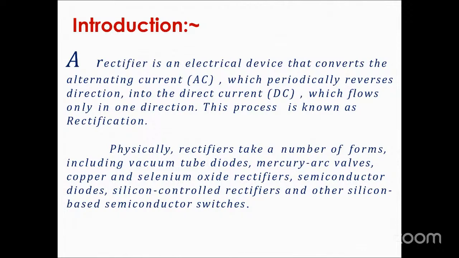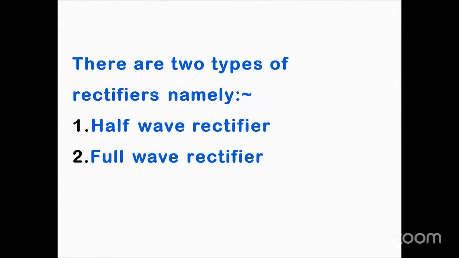This is called rectification. Physically, a rectifier takes a number of forms, including vacuum tube diodes, mercury arc valves, copper and selenium oxide rectifiers, semiconductor diodes, silicon controlled rectifier SCR, and other silicon based semiconductor switches. There are two types of rectifiers: the half wave rectifier and the full wave rectifier.